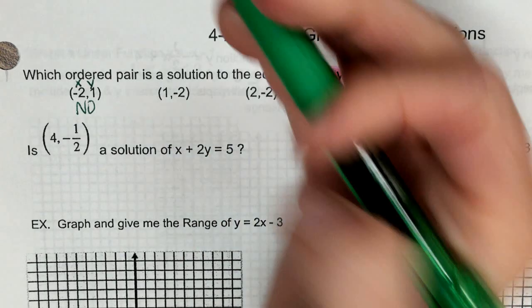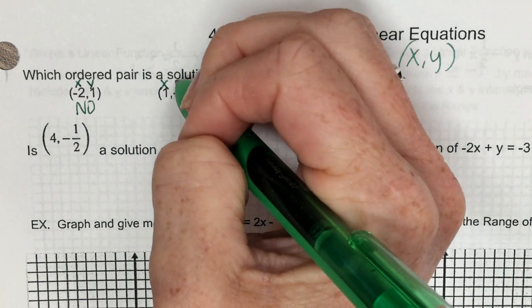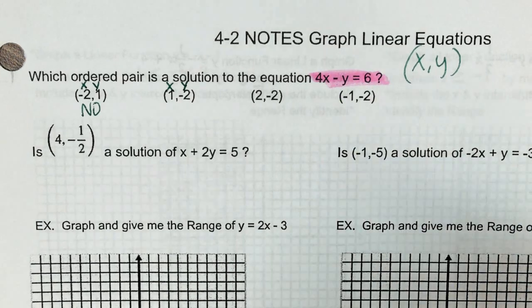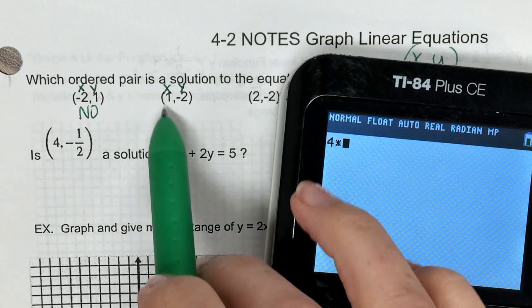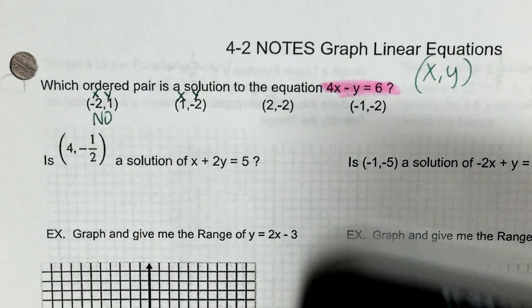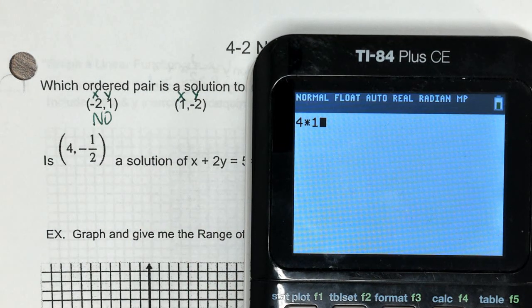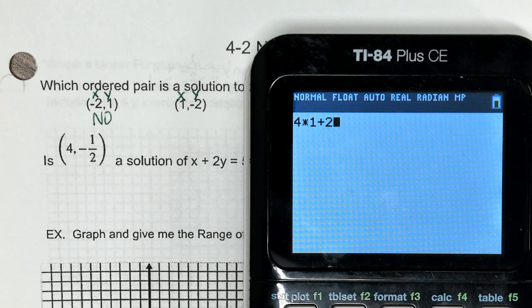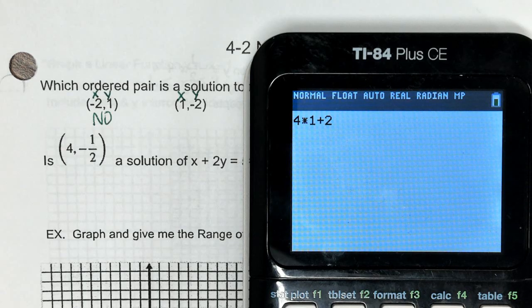All right, let's try this one. We're going to plug in 1 for x and -2 for y. So I'm going to do 4 times x. So 4 times x is 1 minus y. So what is minus -2? Plus 2. If it's a minus negative, it becomes plus.